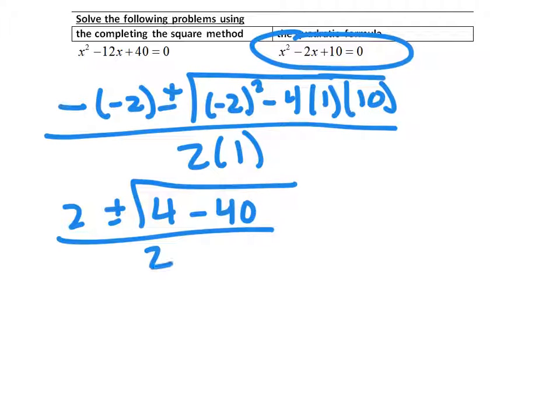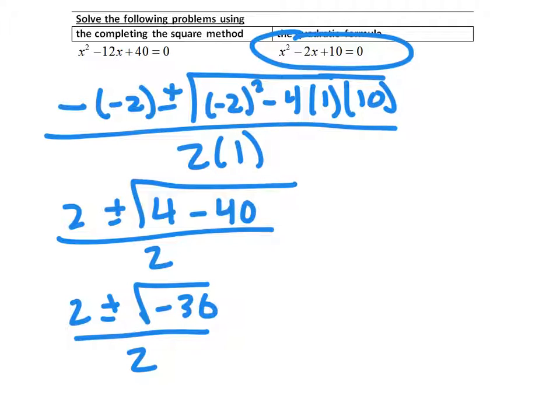You can already see the problem arising. 2 plus or minus the square root of -36, all over 2. Now, it wasn't too long ago that we were saying this meant no solutions. So you might be saying, wait a minute, you're about to tell me there are solutions. There were no real number solutions, but you and I now know how to solve this.